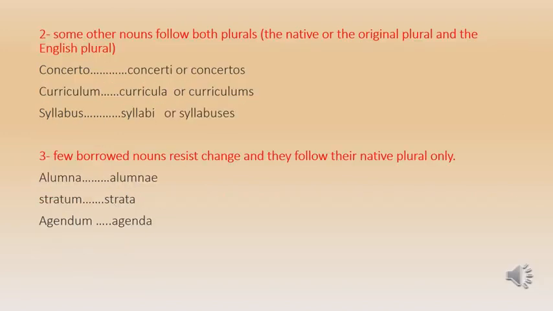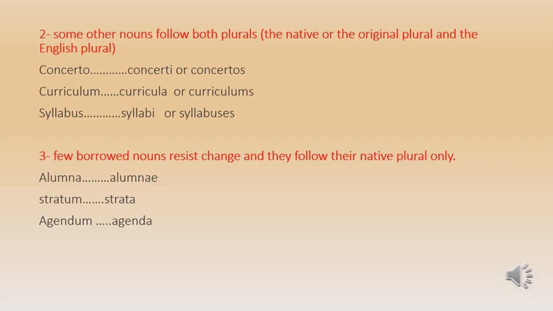The second category includes nouns that follow both plurals, the native or the original plural and the English plural. So each one of these nouns has two plural forms, the native form and the English plural form by adding the S plural.